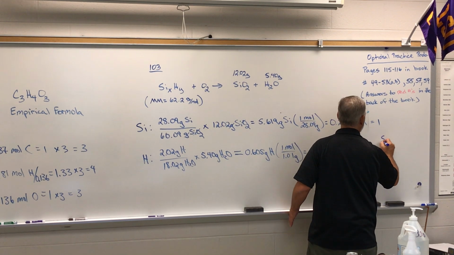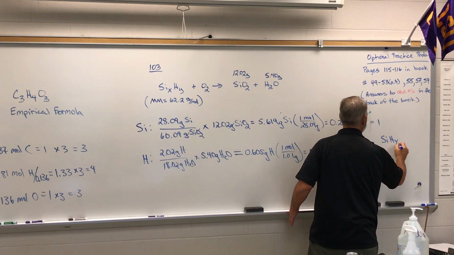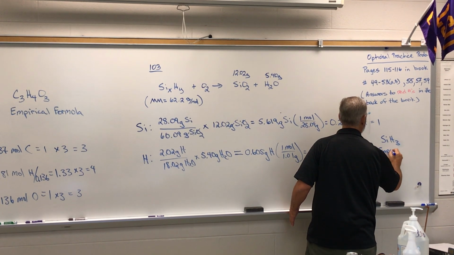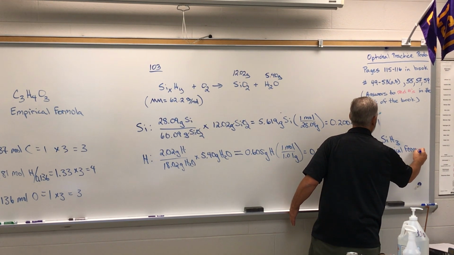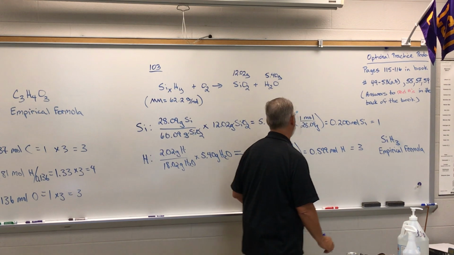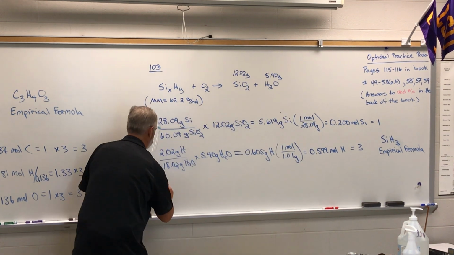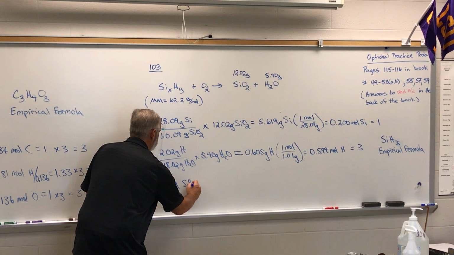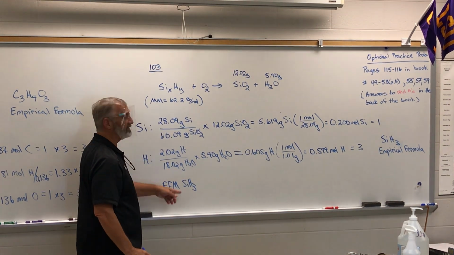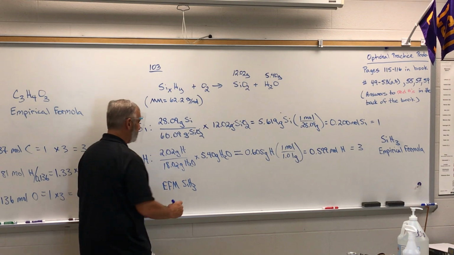So my empirical formula is SiH3. This is my empirical formula. So how do I find my molecular formula? The empirical formula mass of SiH3 is going to be 28 plus 3, so 31.